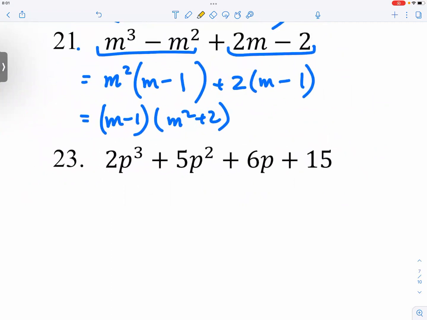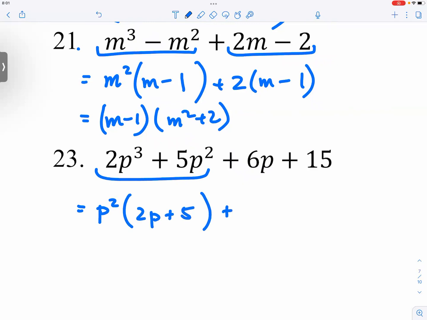And let's quickly do the last two. For the first two terms, the common factor would be p squared, which is 2p plus 5. And then the last, oh, wait, hold on. The last one, oh yeah, the last one will be the common factor 3. So p plus, 2p plus 5.